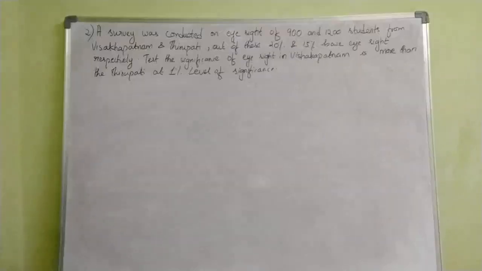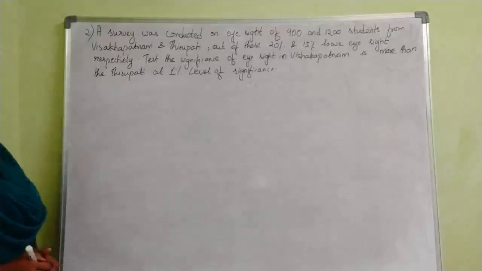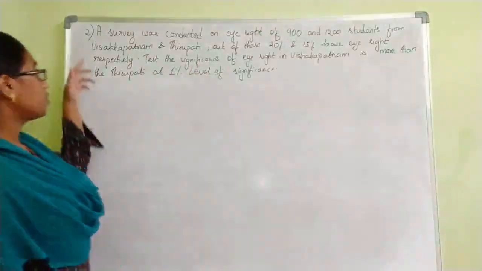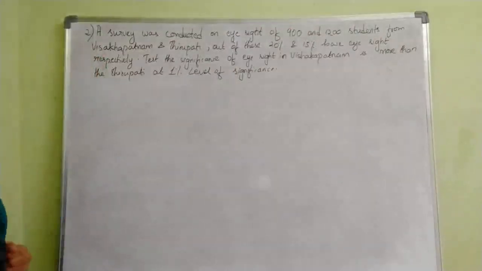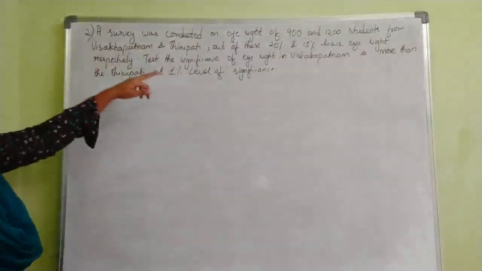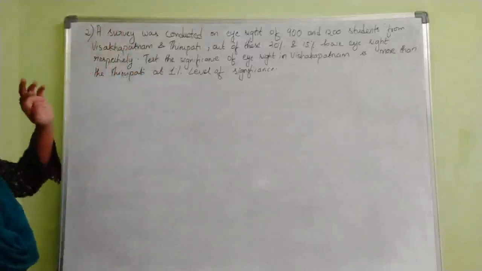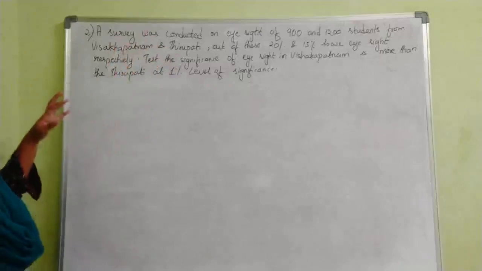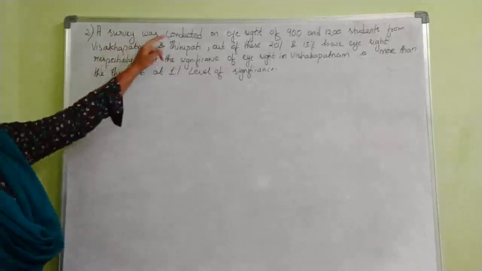Coming to the second question, a survey was conducted on the eyesight of 900 and 1200 students from Visakhapatnam and Tirupati. In Visakhapatnam 900 students and in Tirupati 1200 students were tested for their eyesight.